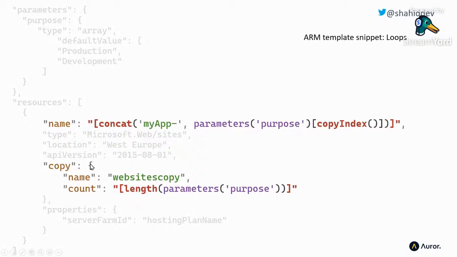So now we're using this copy section to copy this resource, and for the count of that, we're using the length of this array. In any world, you'd say that's a bit of a hack.